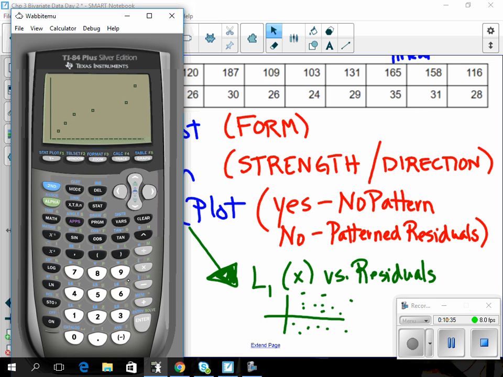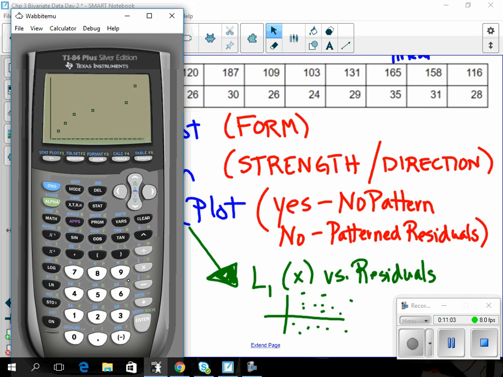So the question I'm asking you is, does it look approximately linear? You could go with maybe it's linear. I might say it looks more cubic. But we'll see. So what's the next thing that we need to do?